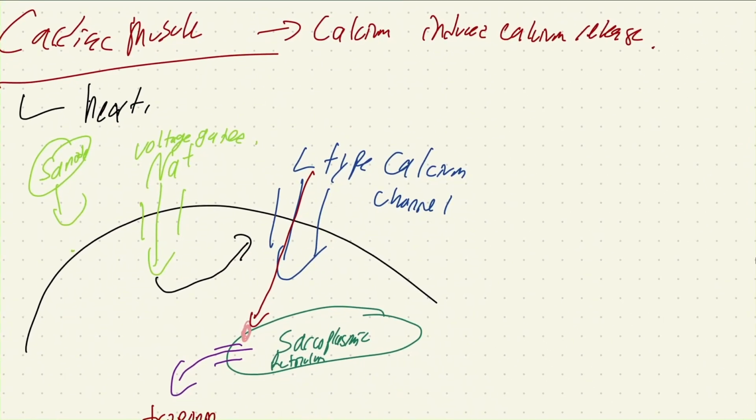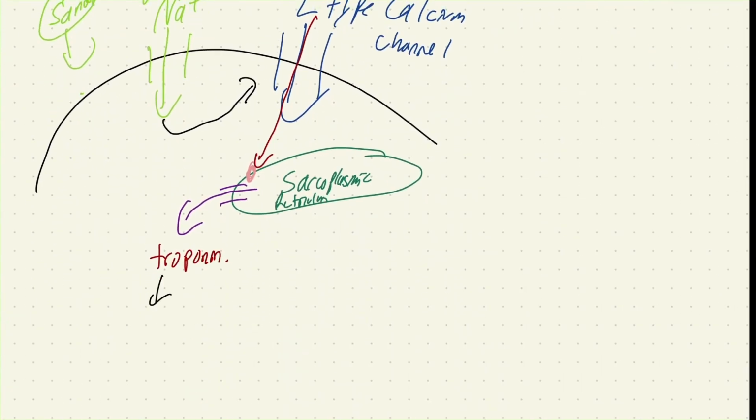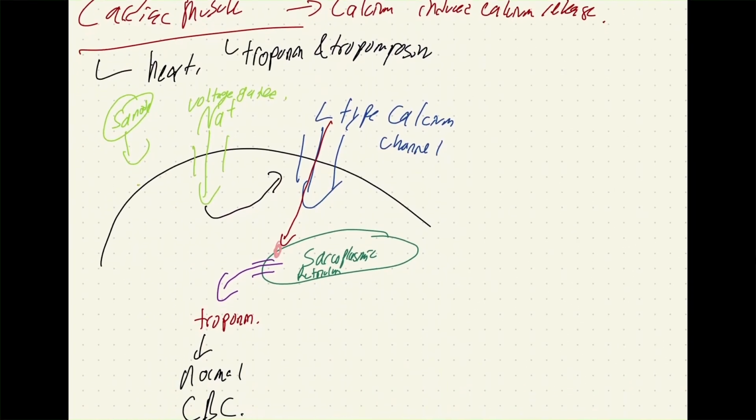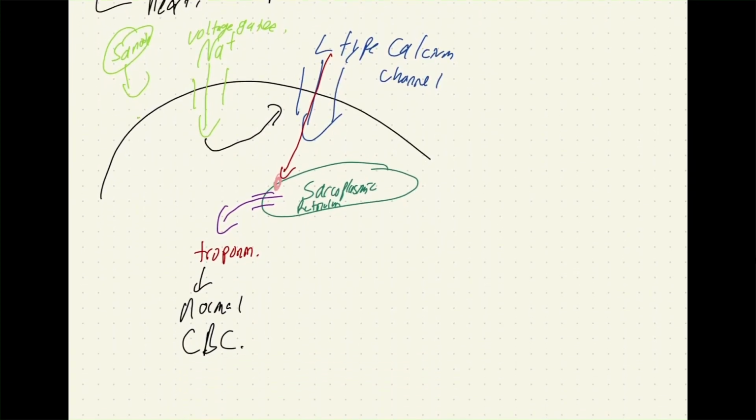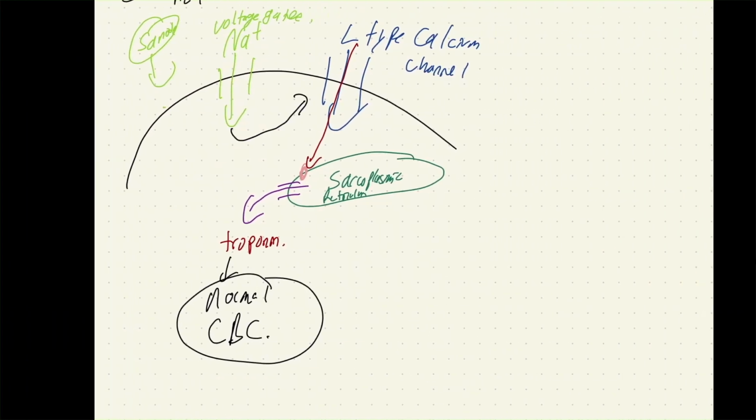In this case, I forgot to mention that there is tropomyosin and troponin. And then you have the normal cross-bridge cycling. And so there's nothing different compared to the skeletal muscle.